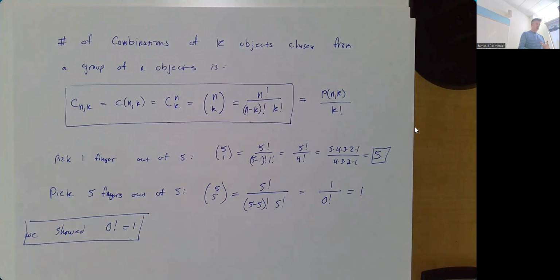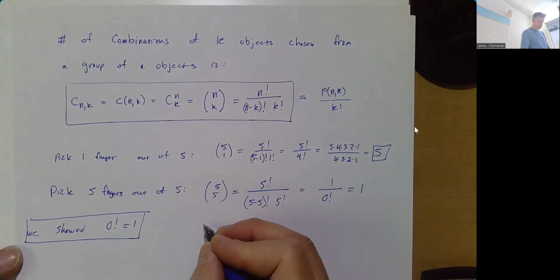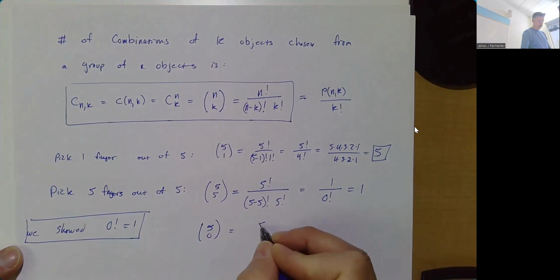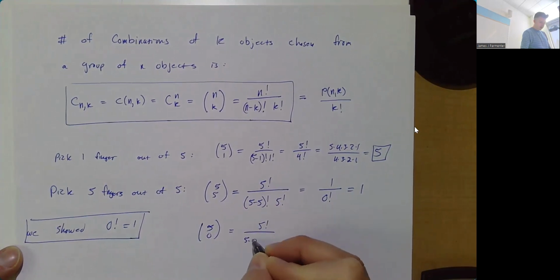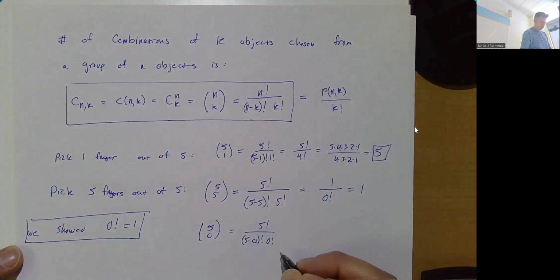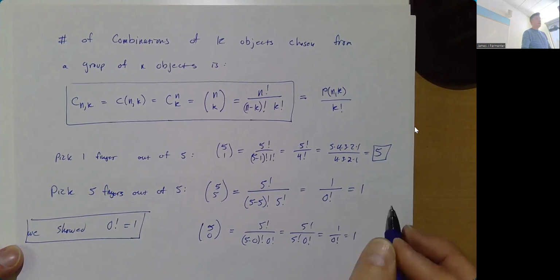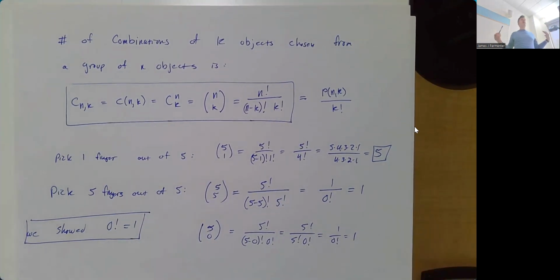It's also worth noting here that 5 choose 5 is the same as 5 choose 0, equal to 5 factorial over 5 minus 0 factorial times 0 factorial, which is literally the same thing as above. There is this symmetry in the choose function where you can always think about choosing the number of things you want or choosing the number of things you want to exclude.